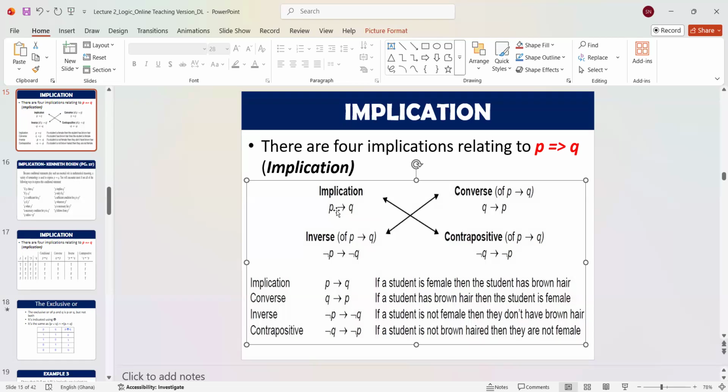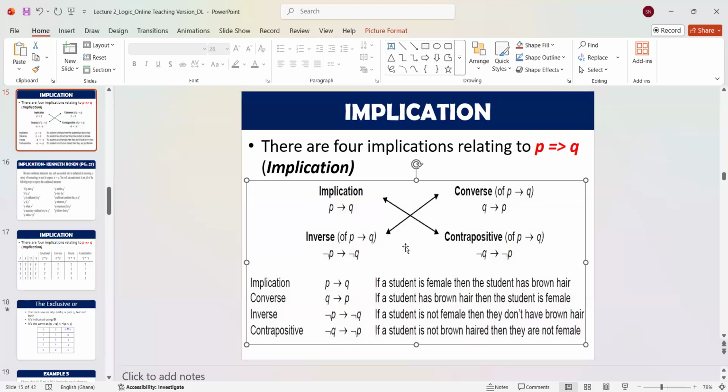That is P implying Q. Now, if you come to the diagonal comparison, which becomes contrapositive, they take the conclusion and negate it. So not Q will imply not P.